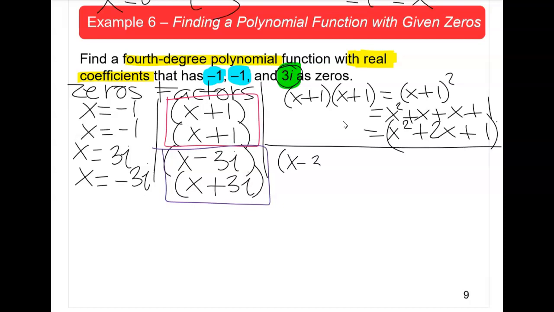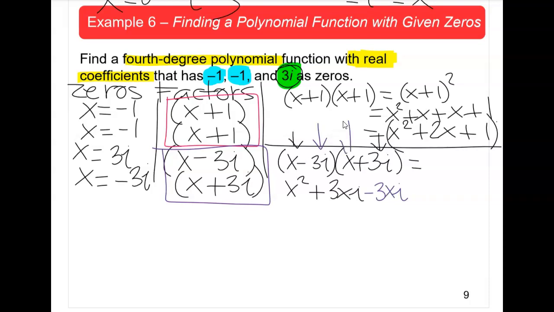So x minus 3i times x plus 3i. And this will be x squared plus 3xi. That's what I will get from here and here. And then minus 3xi, and that's the product I will get from here and here.